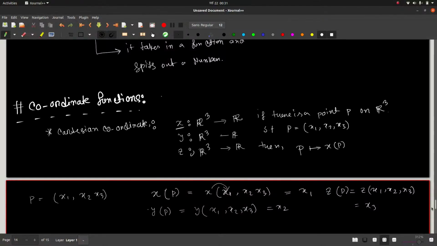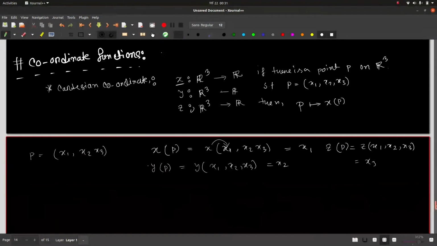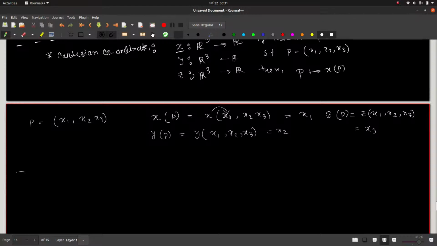that is x3, and this is how you can define your coordinate functions. Similarly, if you go to polar coordinates, which are just r and theta, that is defined as, if you have some r on R squared, that means a two-dimensional manifold, and it should return a real number.